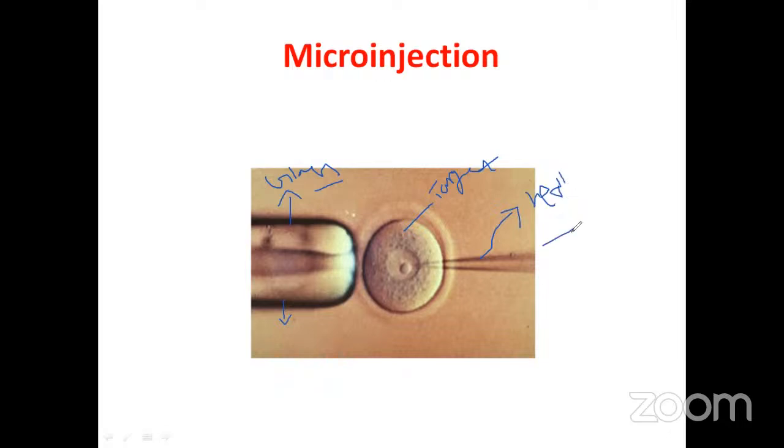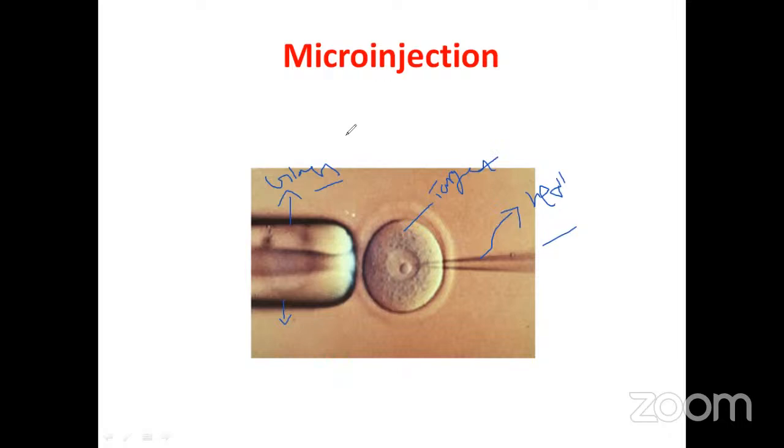While the gene transfer is done, the recipient cells are kept immobilized in agarose embedding and held by a suction holding pipette. Once the gene is delivered, the injected cells are cultured in vitro and regenerate into transgenic plants.